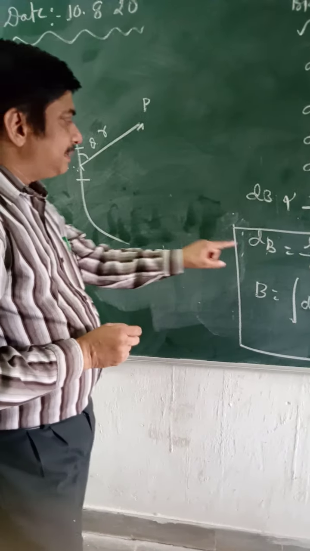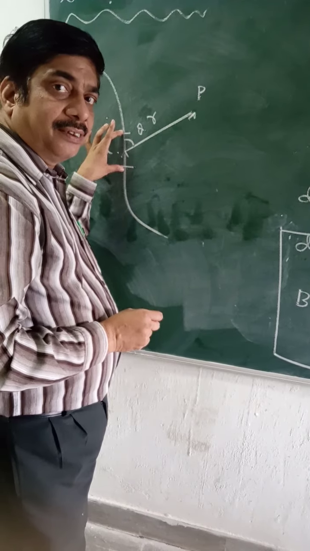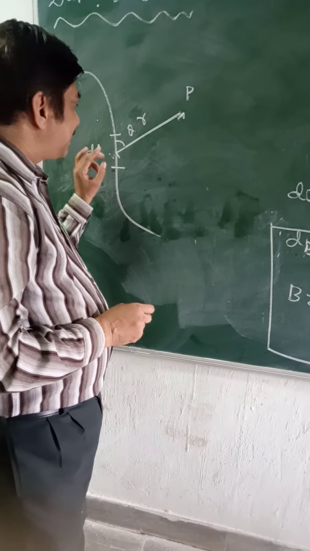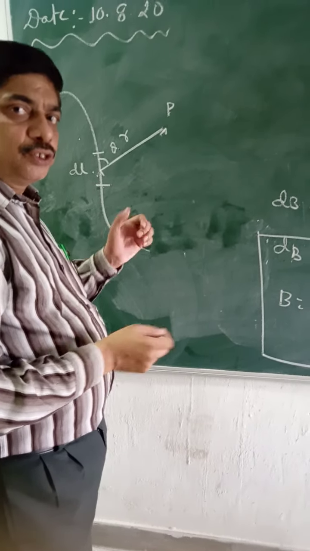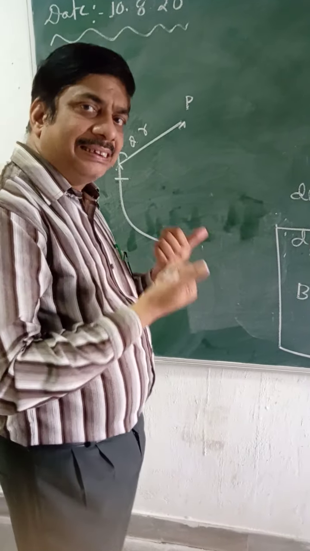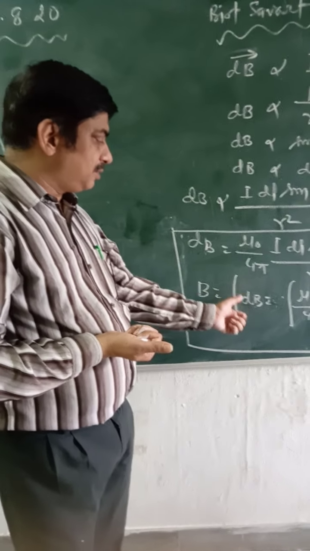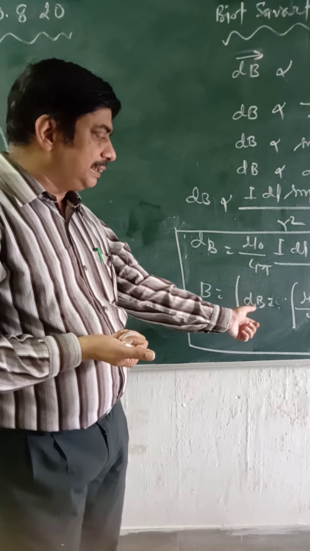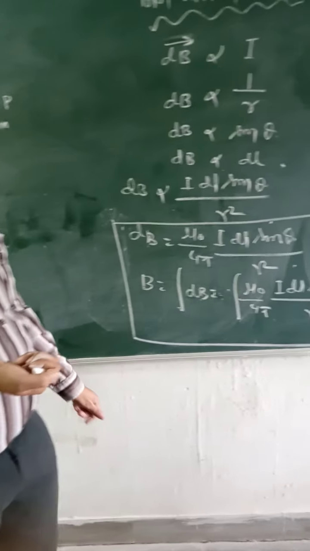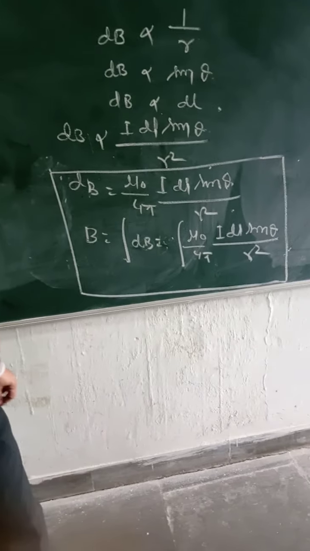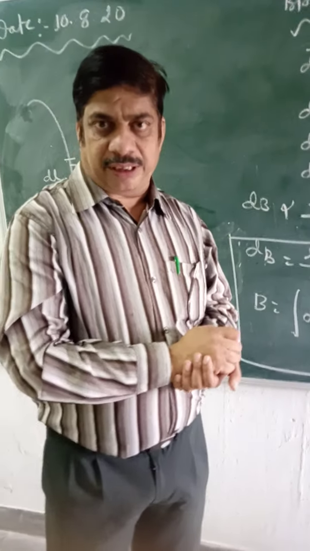Because this dB is the magnetic field due to this part only, and this current carrying conductor is made up of so many such parts. So we need to add, and that adding is the integration. That's why B equals the integration of dB, which equals the integration of mu 0 upon 4 pi I dl sine theta divided by r square. This is called the Biot-Savart law.